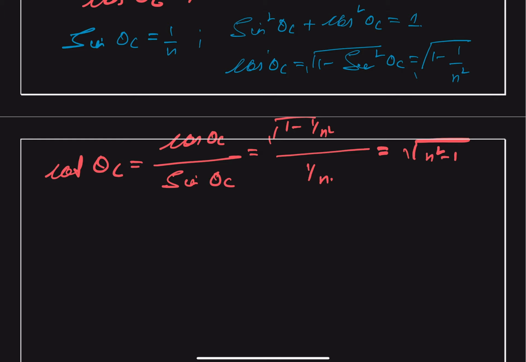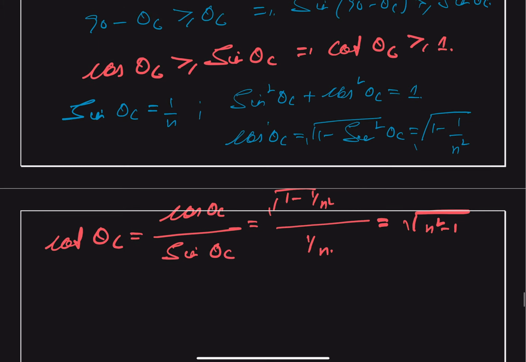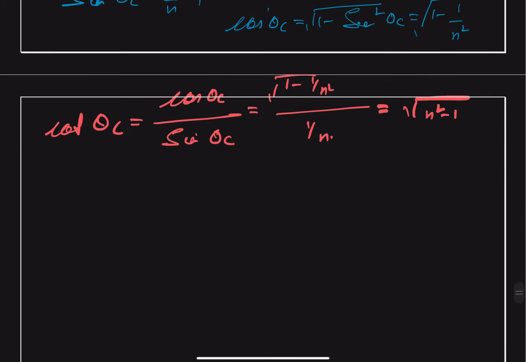So therefore cot of theta c should be greater than or equal to 1. This gives us that the square root of n square minus 1 should be greater than or equal to 1. And now it is simple calculation.